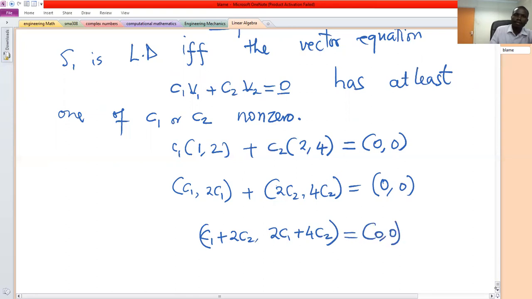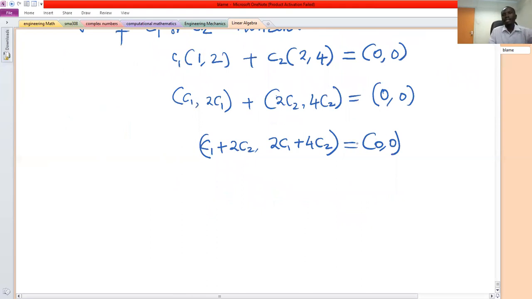Then for this equation to make sense, C1 plus 2C2 should be 0, and 2C1 plus 4C2 should be 0.